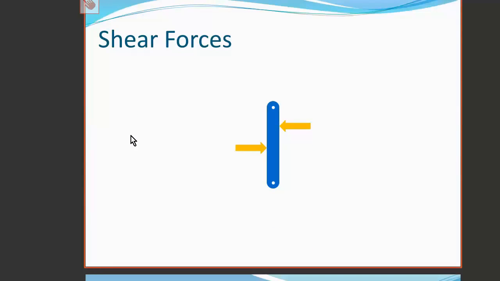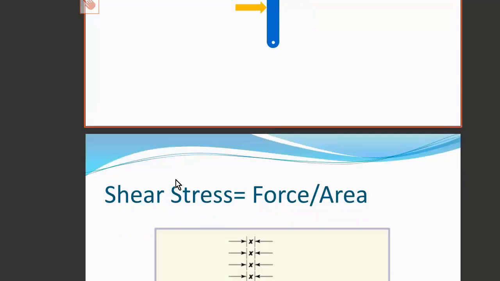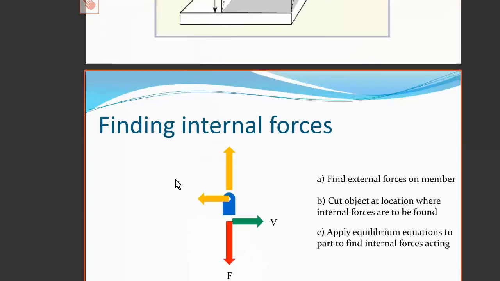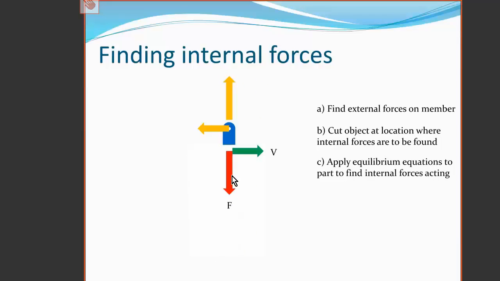Let's look at shear forces. So let me go to this slide here, where imagine we had both these two forces, a lateral force and an axial force acting on the member.